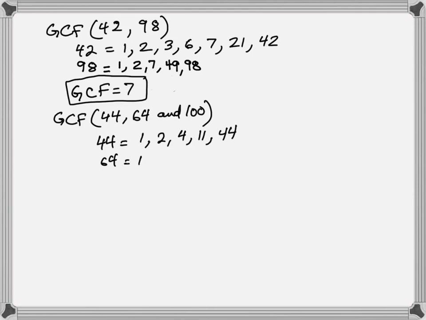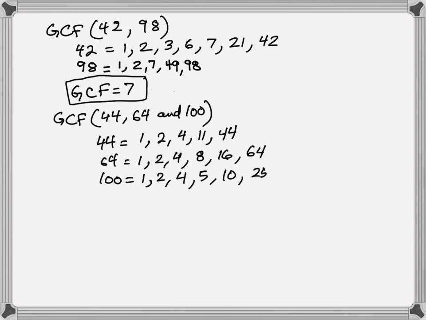And then we're going to do the same thing for 64: 1, 2, 4, 8, 16, 64. And now we're going to do it for 100. So we have 1, 2, 4, 5, 10, 25, 50, 100. And the GCF is going to be 4.